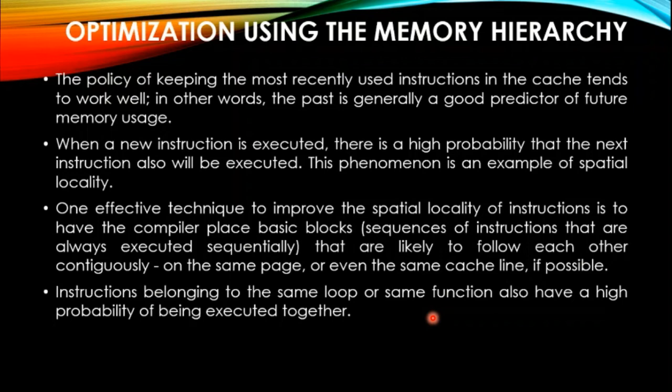Based on the past, we identify the frequently used instructions, and those are preferred in cache memory. That is the first one. The next one is that it can identify how much memory is required to complete the execution of that program, and then provide that memory space. That is the second one.